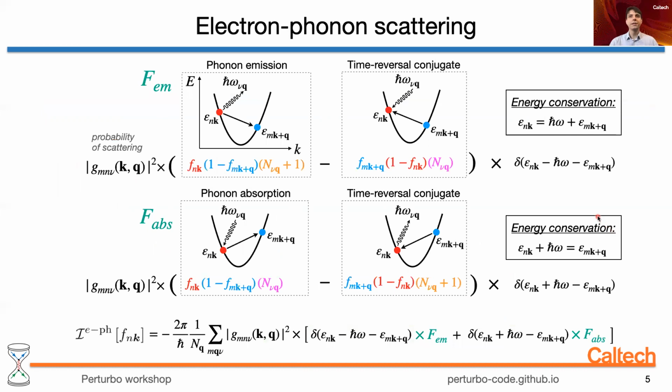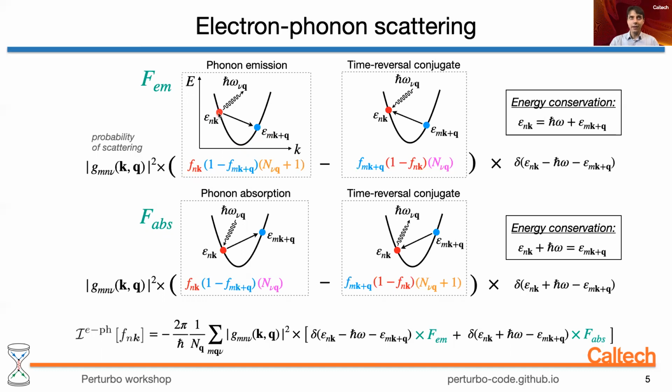We have a lot of elements here, but let us first start from the top left element. So again, we consider a scattering from initial state nk to the final state mk+q. This process can occur if we have some electrons in the initial state nk. That's why we have this occupation function f.